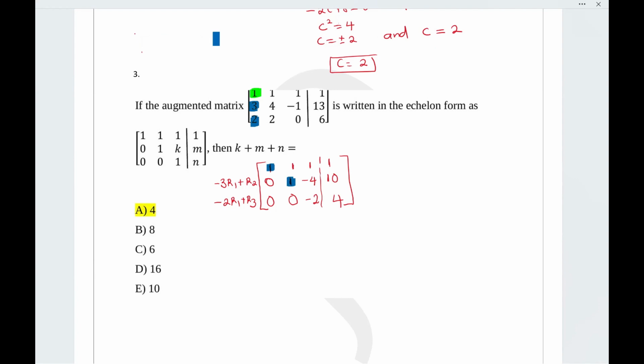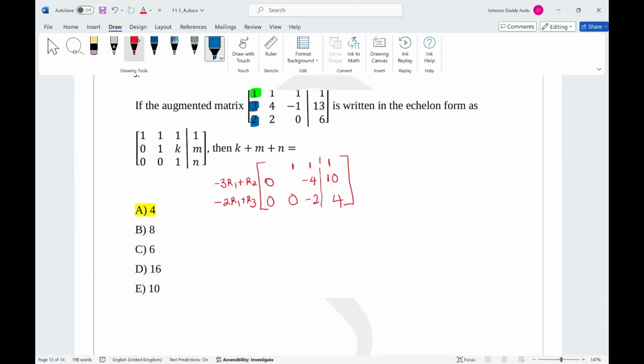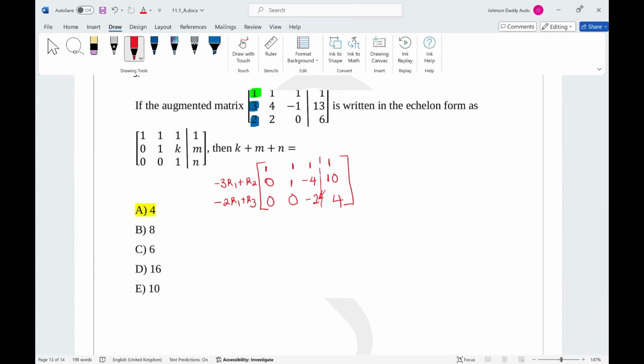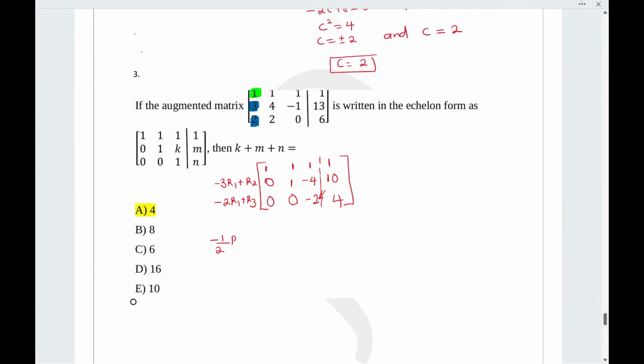So the next thing is just to convert this one to 1. So this has to go to 1. Okay, so this one here, this is 1 and 1. So now we have to take away this one. What can we do? We can just divide. So this is -1/2 R3.